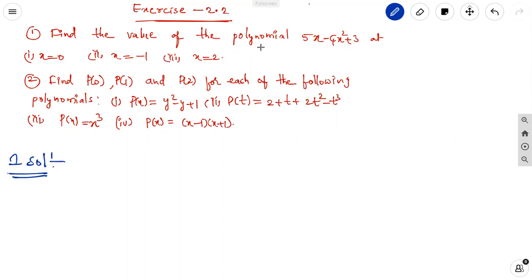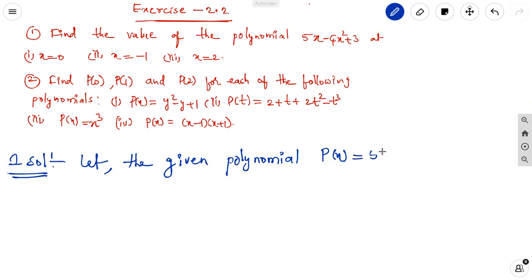Let the given polynomial p of x equal to 5x minus 4x square plus 3.